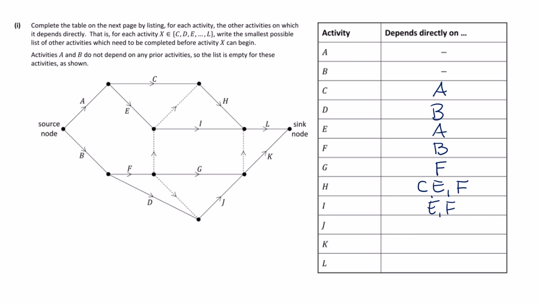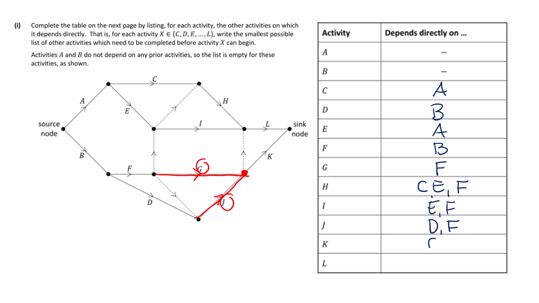And then we have J, which has D feeding into it, and a dummy. That dummy has F feeding into it. So it's D and F. And then we're at K. K has J and G feeding into it. The dummy's not feeding into it, it's feeding out of it.